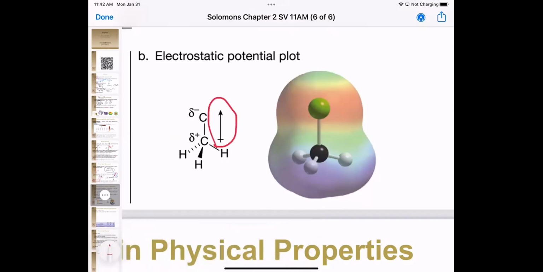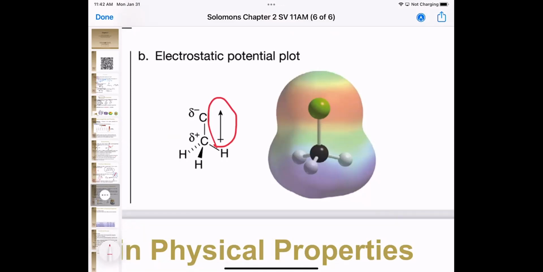Now, if we were to kind of imagine what it would be like on the outside of that molecule, you're coming in to look at that molecule and you're saying, oh, where are the electrons, right? Electrons repulse other electrons, right? So you want to look for where a lot of electrons are and where not many electrons are, okay?